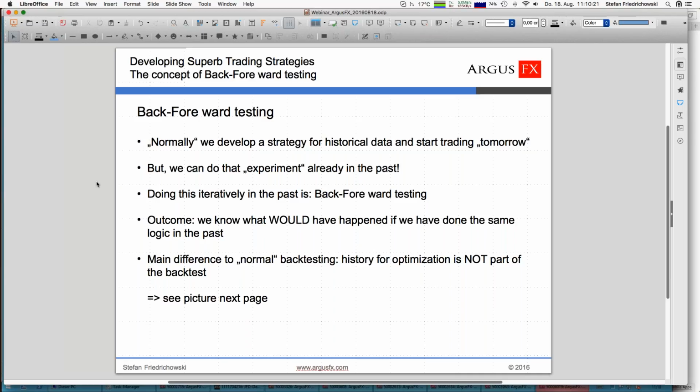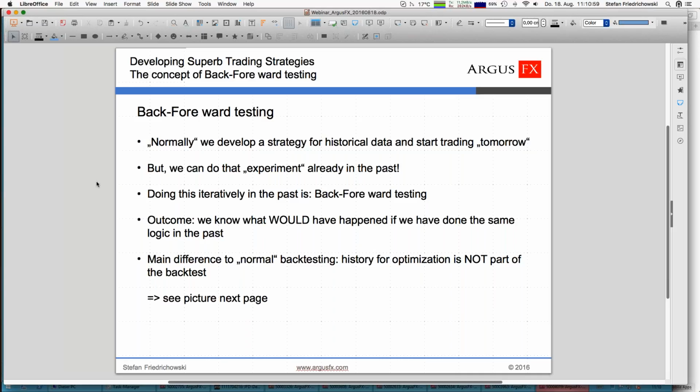So what we normally do and what we have done, for example, with the DAX strategy, we have had a history. In that case, it was a history of 20 years daily DAX candles. And what we then do is we build up a strategy. In that case, it was an EMA strategy, and we optimize our parameters in order to get those numbers for that strategy, which give us a good trading result.